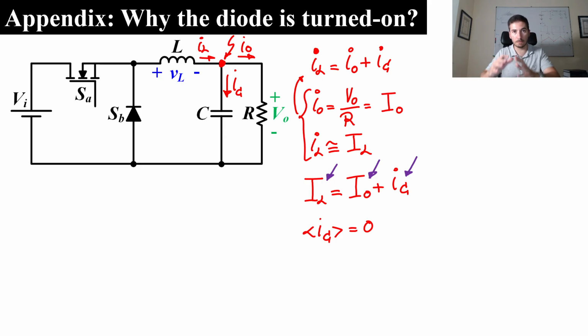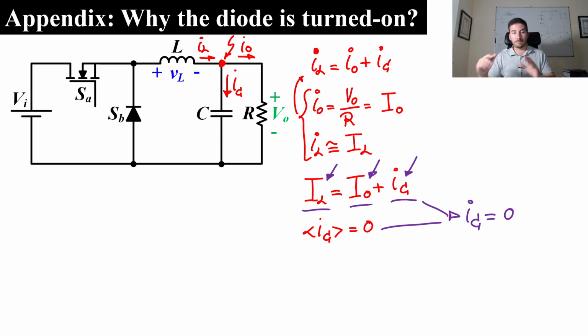So it's pure AC, it's pure variable. So if this part is constant and this part is pure AC, the conclusion is that the current through the capacitor, according to this explanation of this video, is 0.